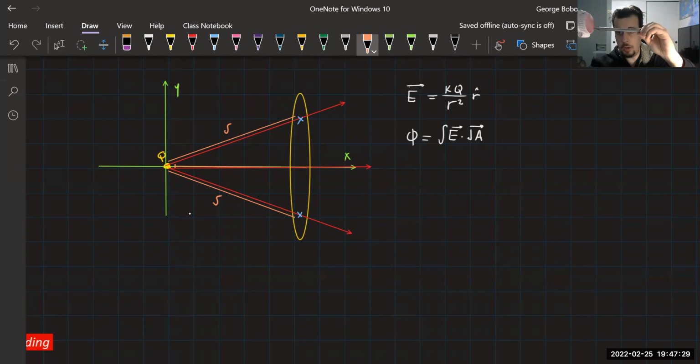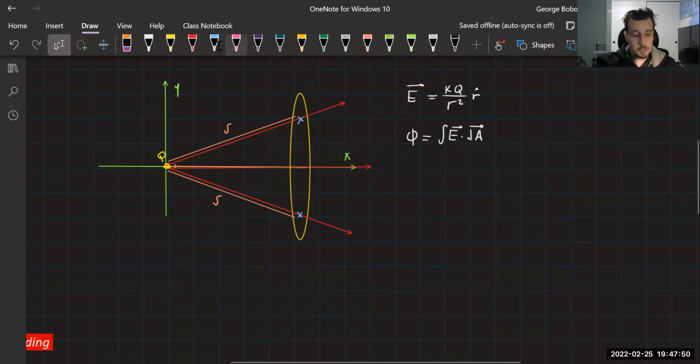I could draw around here a circle, and every single point of this circle will be the same distance from the point Q. Every single point on that circle. What am I suggesting? I'm suggesting this.